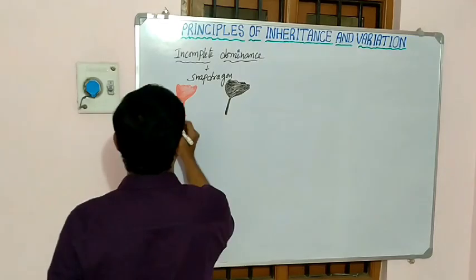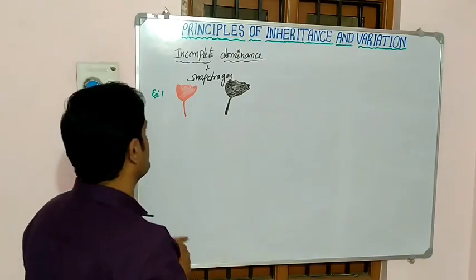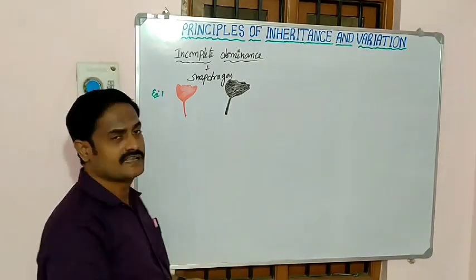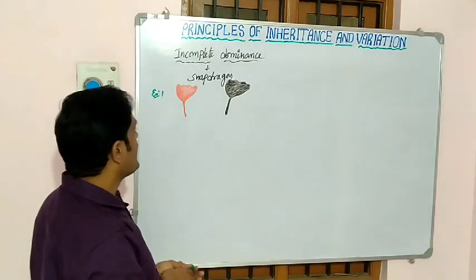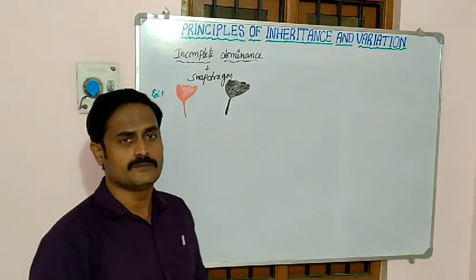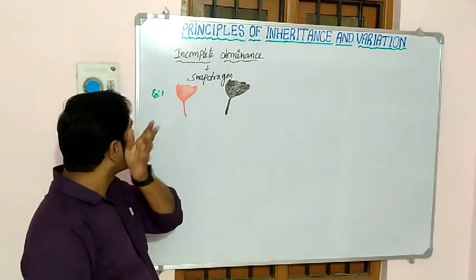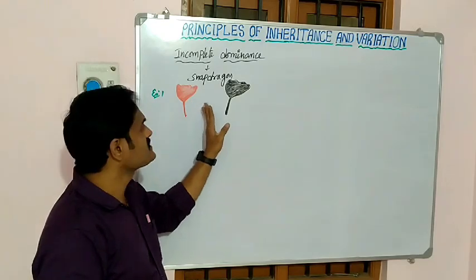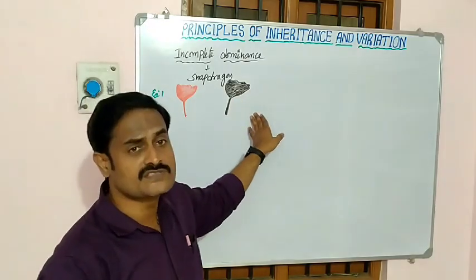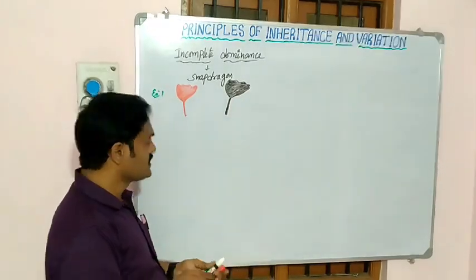I will take two types of plants: one plant produces red color flowers and another plant produces white color flowers.